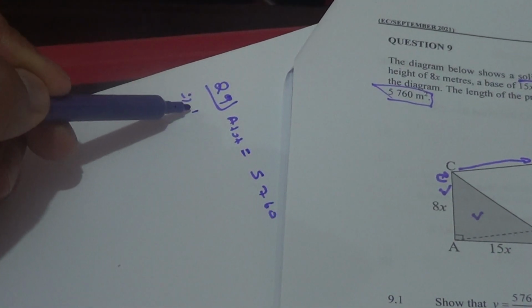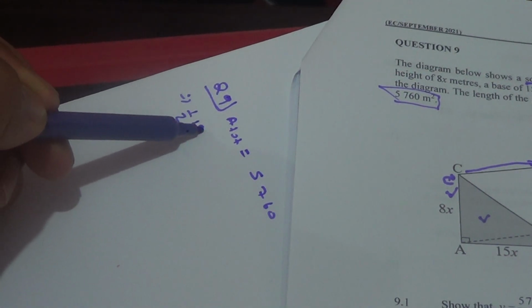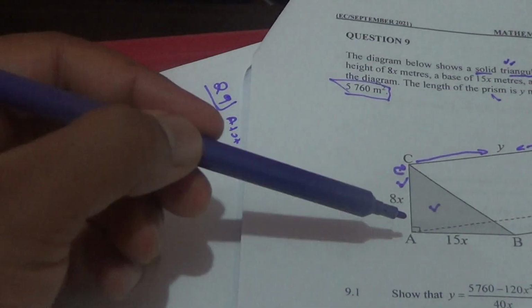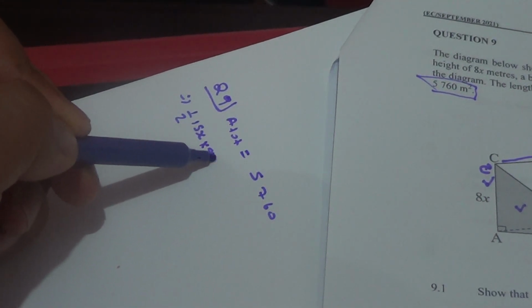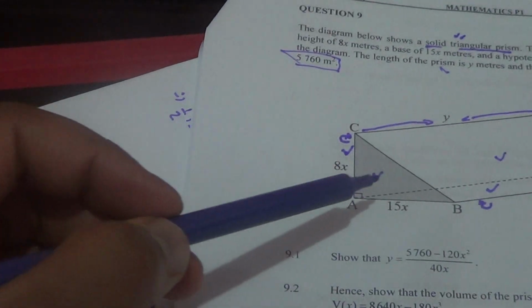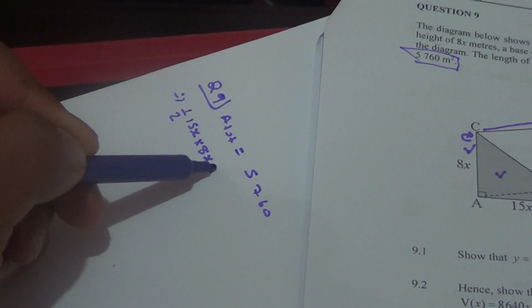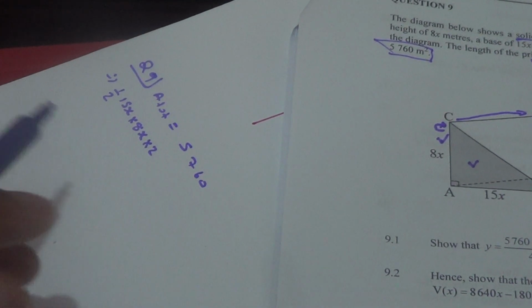So we know that this is going to be half base, which is 15x meters, times the perpendicular height, which is going to be 8x meters or units. Great. So we start with this one. But we know this one is also doubled, so we multiply that times 2. Great.